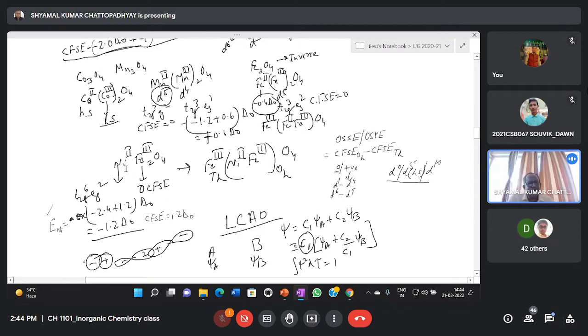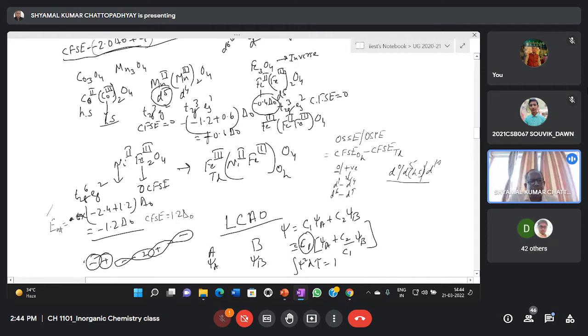Similarly, if I take say NiFe2O4, nickel 2, ferric 3, 2 O4. Again, ferric, as we have seen, is high spin d5, 0 CFSE. Nickel 2 has got t2g6 eg2 configuration, so the energy of the system is minus 1.2 delta O, CFSE is 1.2 delta O. So nickel has got quite high CFSE, but ferric has got 0 CFSE.